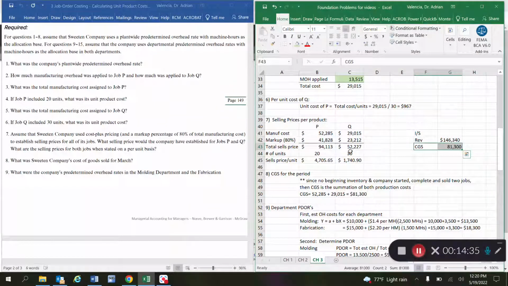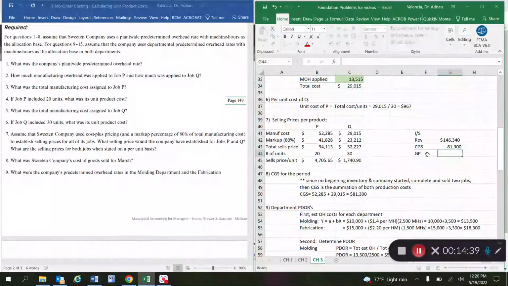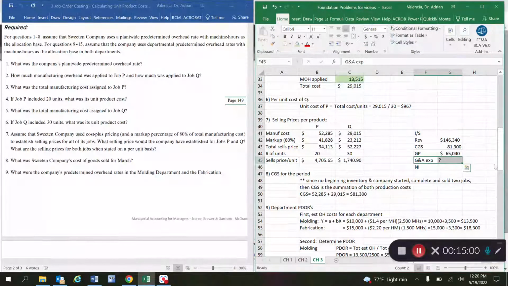And then this gives us gross profit of whatever that difference is. And then from here we would subtract general and administrative expenses, which we don't know what they are, and then this gives us net income, whatever that may be. But at least you can see how this flows into the financial statement eventually, which is the income statement.